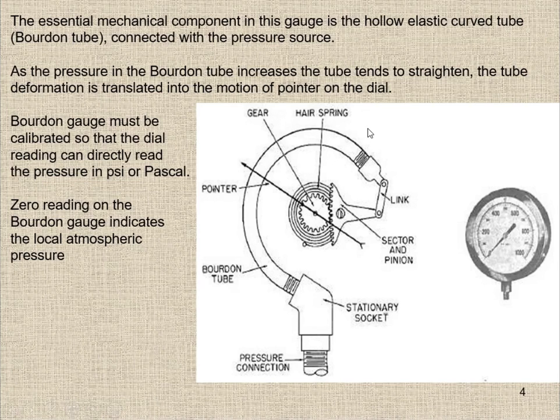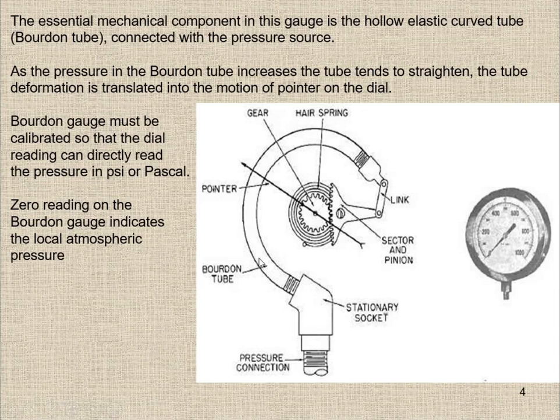Because of this movement, there is a gear mechanism that moves too, and then the dial will also rotate. Here is the gauge. As the pressure increases, the dial will move upward. As the pressure goes down, the dial will come down. This is the mechanism and how it works.